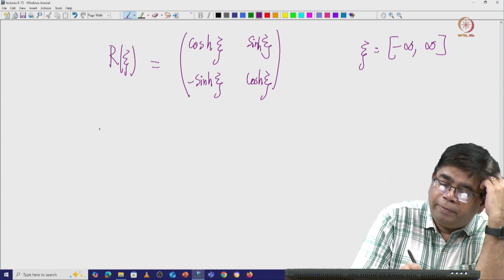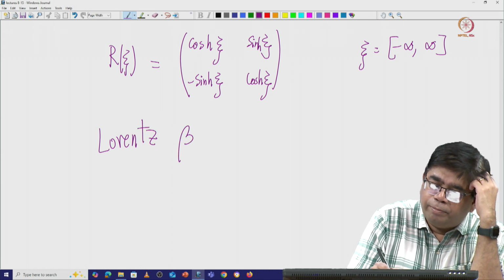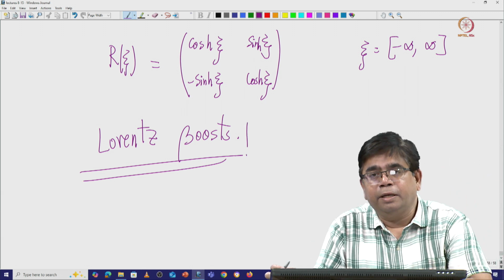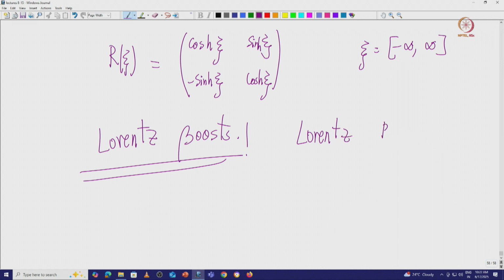It appears in the Lorentz boost. A Lorentz boost is when you have 2 frames, S and S prime.